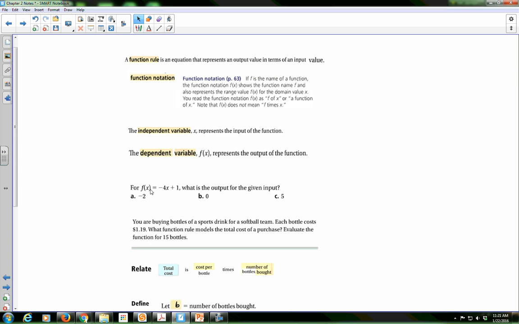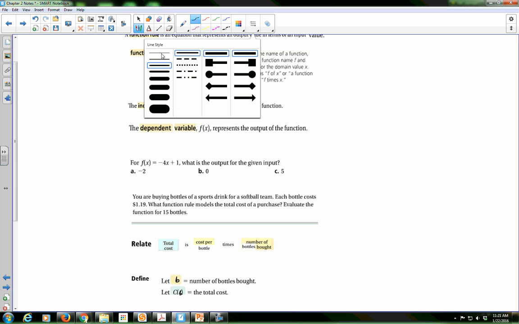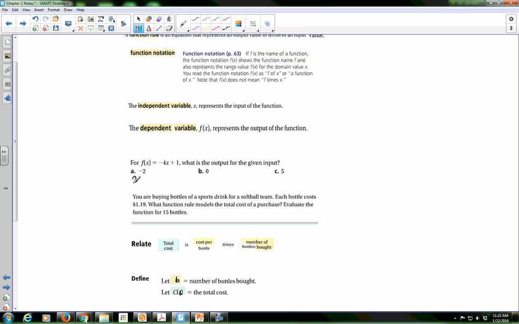Okay, so let's see how that operates in a real function. So for f of x equals negative 4x plus 1, what is the output for the given input? So we're going to input negative 2 into our function. So we're going to take out the x and we're going to put in negative 2.